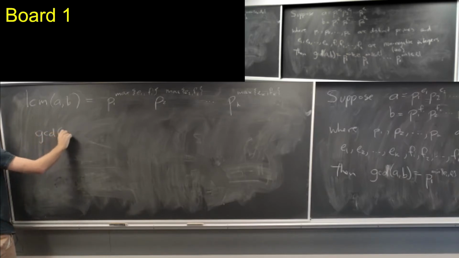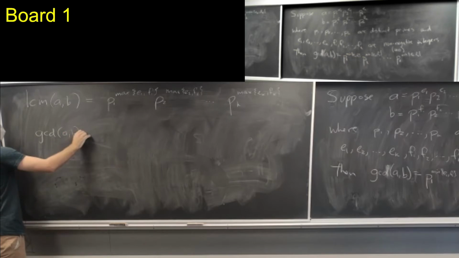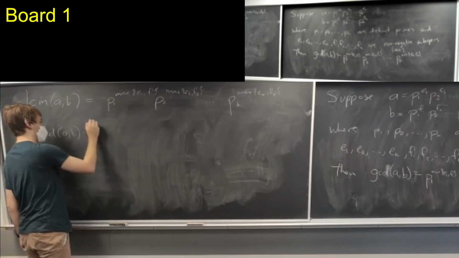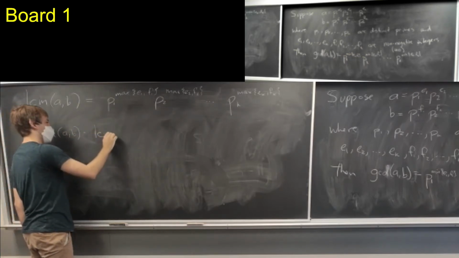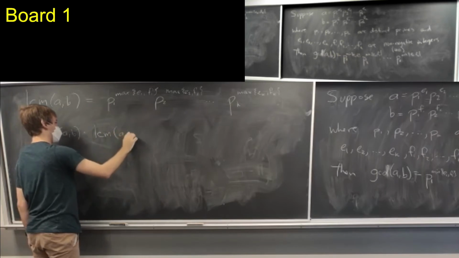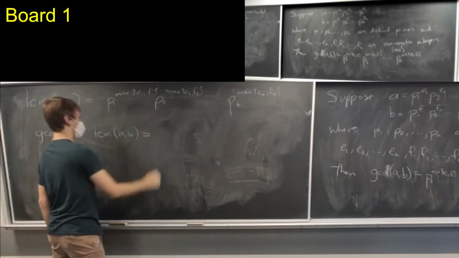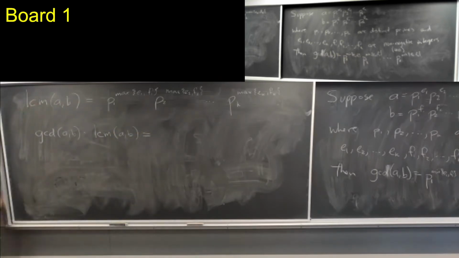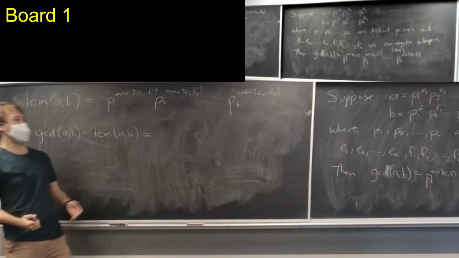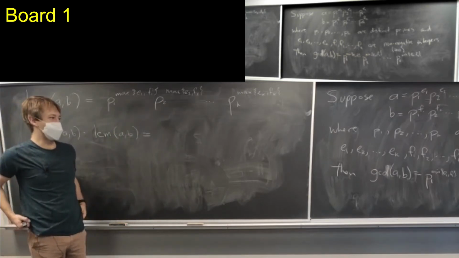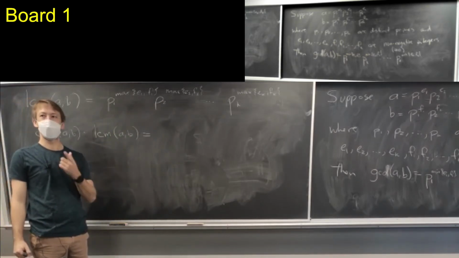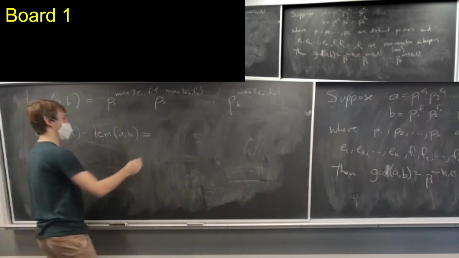B and multiply it by the LCM of A and B, can anyone, well, I know probably we're stuck on not, yep, A times B, exactly, yeah.